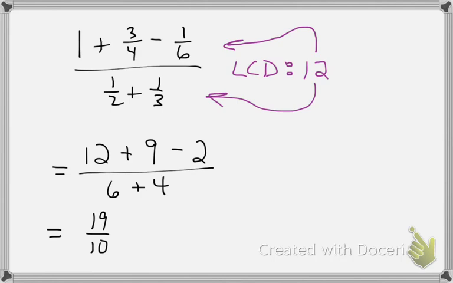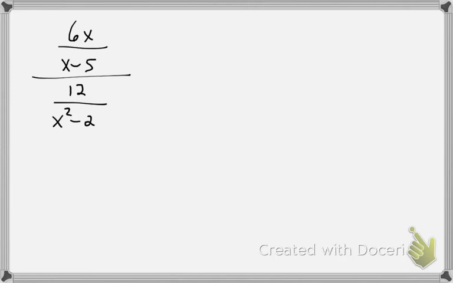All right. So we level up. Let's say that we have 6x over x minus 5 divided by 12 over x squared minus 25. Complex fraction?